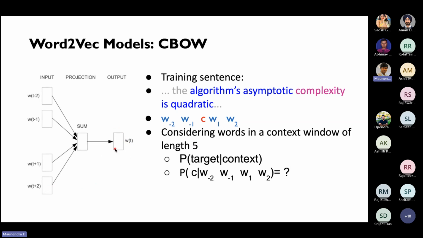Again, if the model has learned well by looking at these context words, it should be able to predict the central word well. And if from a large collection it is able to do this with high accuracy over a large number of tokens, we can say yes, the model has learned well.